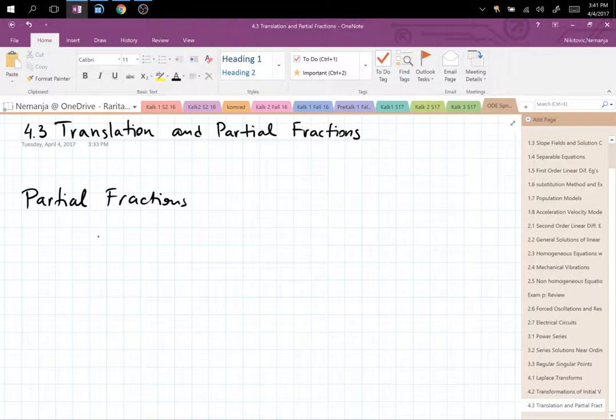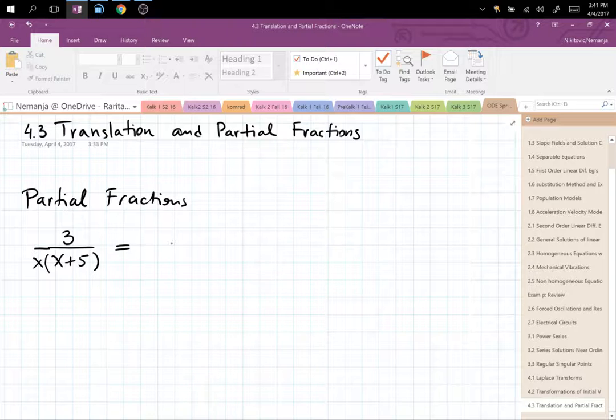Say you had 3 over x plus 5. That was linear. If you had that as a factor, the partial fraction setup for this would be A over x plus B over x plus 5. So that was Calc 2.